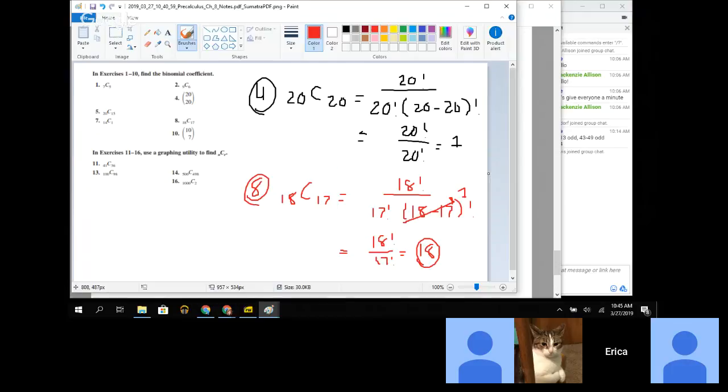So the closer the two numbers are, the bigger the number is, right? If you're going to pick a lot of the items out, so this was 1, this is 18, right? Over here, if you're going to pick one item out of 14 items, you have 14 different choices.